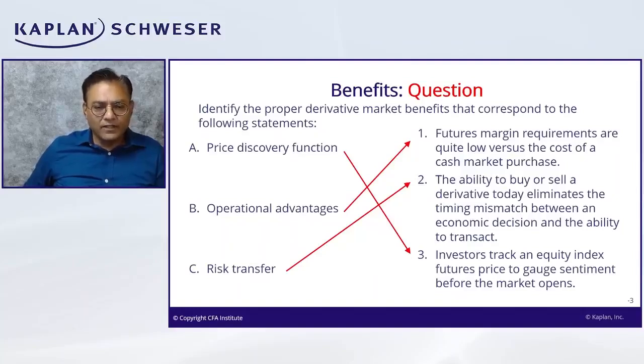Before, there was a mismatch. I know today that I will need that financing, but I don't need it today. It is something that will be needed in the future. I can transfer the risk of uncertainty of future rates by locking in the rate today in the derivative market.